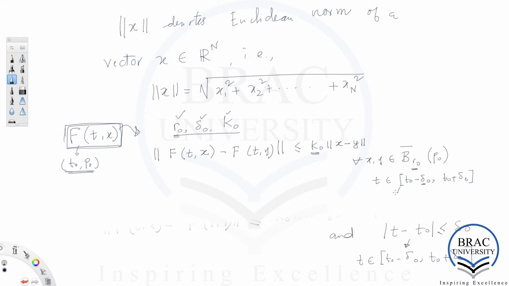This is nothing but we want the modulus of t minus t0 to be less than or equal to delta 0. So t being in this closed interval is synonymous to the fact that we want the modulus of t minus t0 to be less than or equal to delta 0. If this is satisfied, then we say that the underlying locally continuous vector field is also locally Lipschitz continuous.